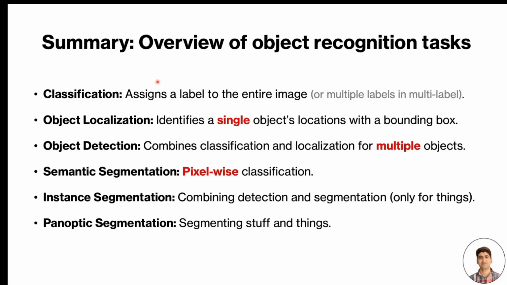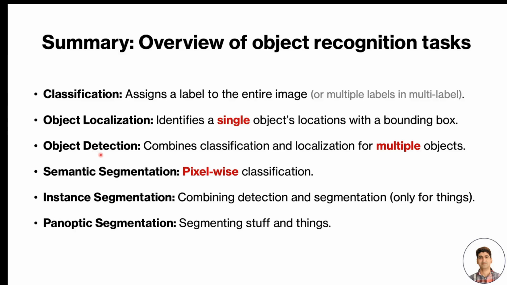So that brings us to the end of this video. In this video, we covered several topics including image classification, which could be either binary, multi-class, or even multi-label. Then we moved to object localization and detection to get bounding boxes around the objects in our image.